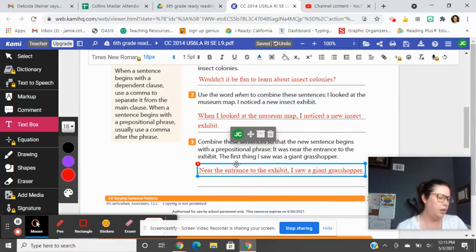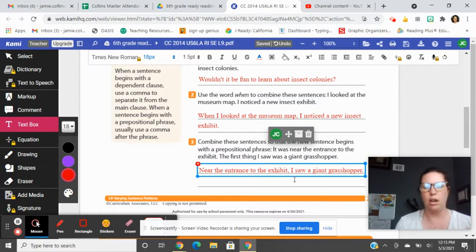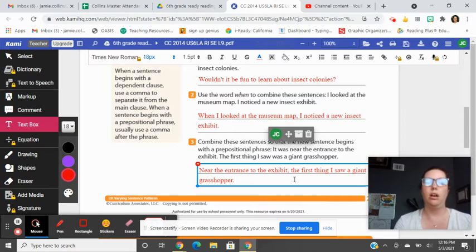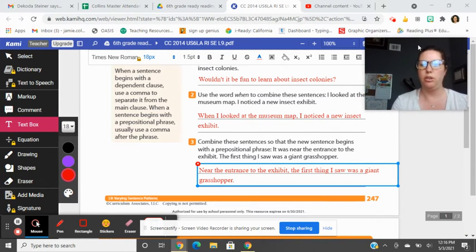So I could also put here the first thing I saw. I mean, it's kind of explained because you're near the entrance of the exhibit. So obviously that would be the first thing that you saw. So you could add it in. You don't have to. The first thing I saw was a giant grasshopper. Let me move my camera up so you guys can see it.